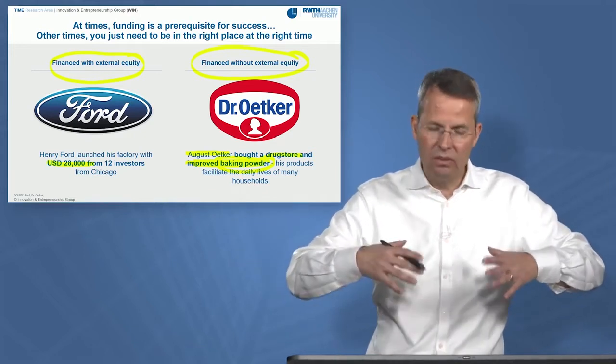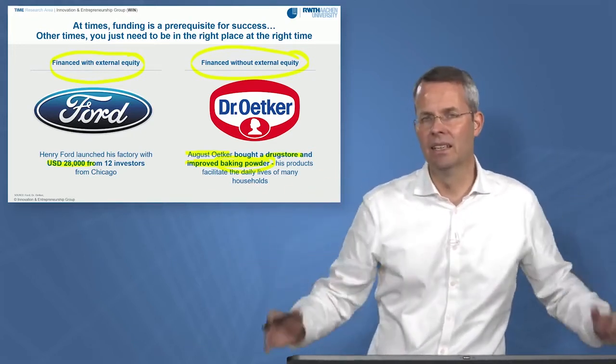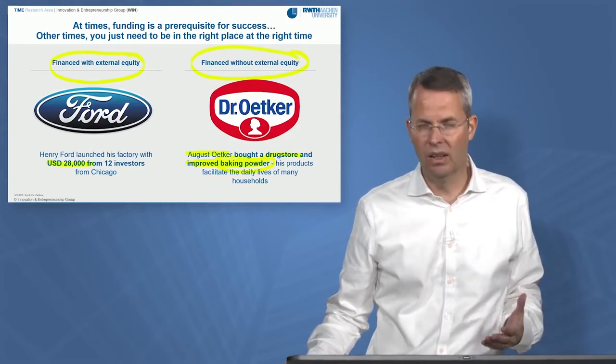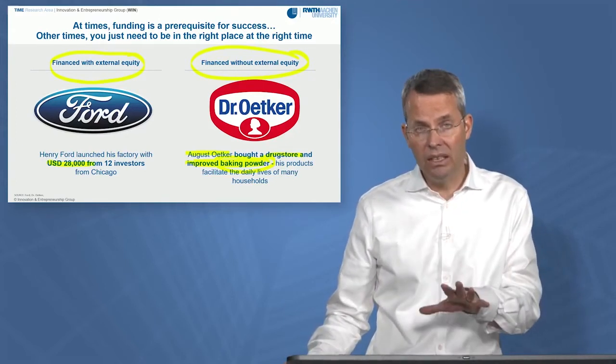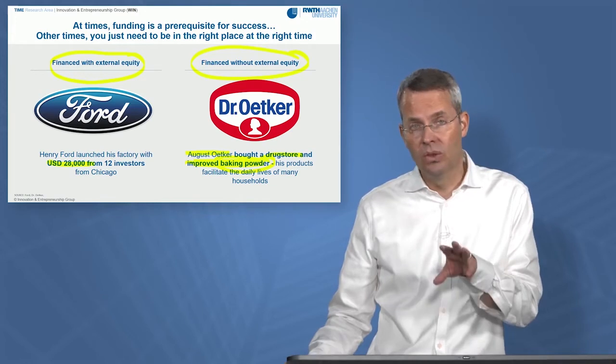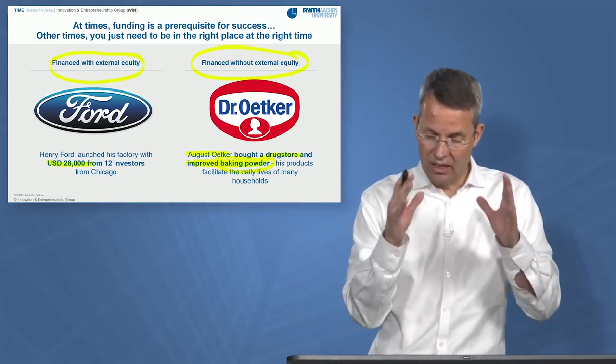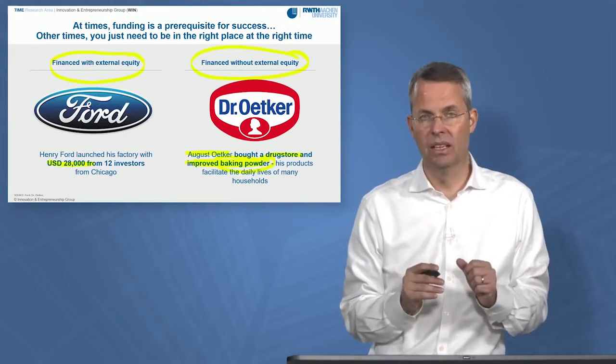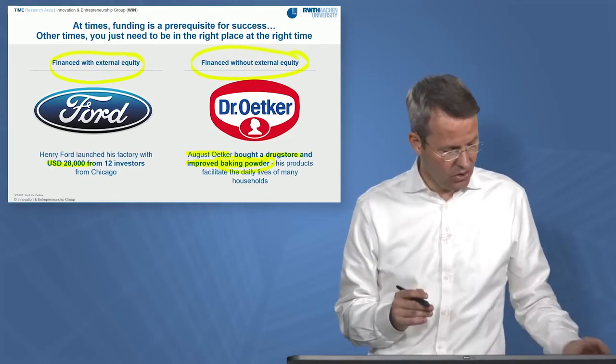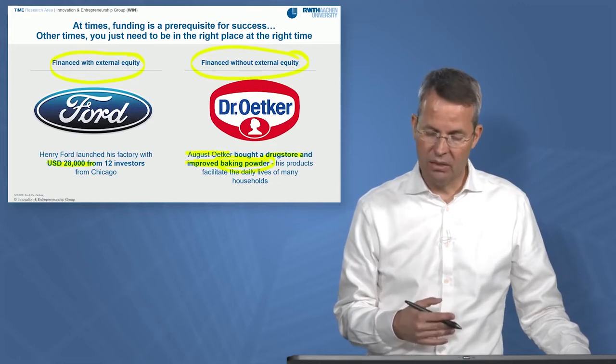However, he always financed his growth by himself, no equity financing. So there are still family-owned companies who never obtained external equity and hold the entire equity by themselves. And that has implications I'd like to comment on in a minute.